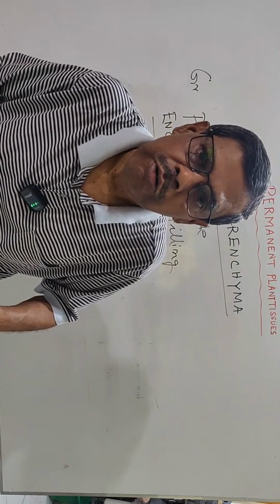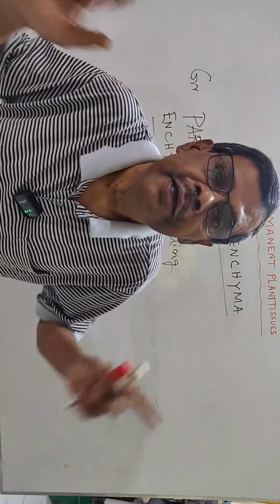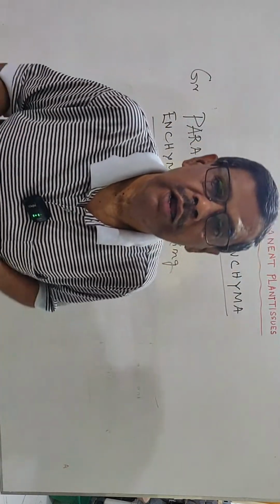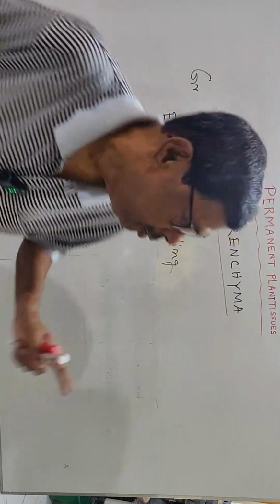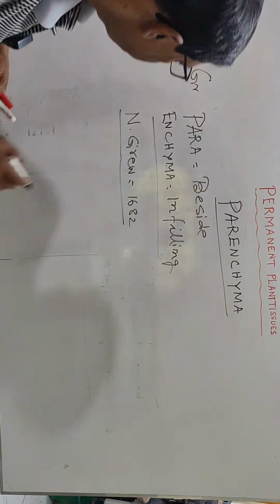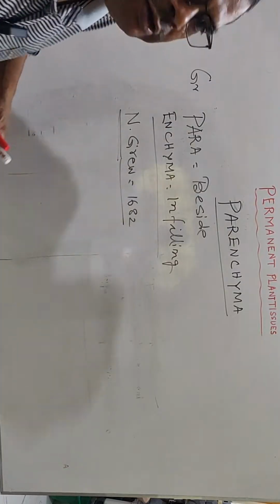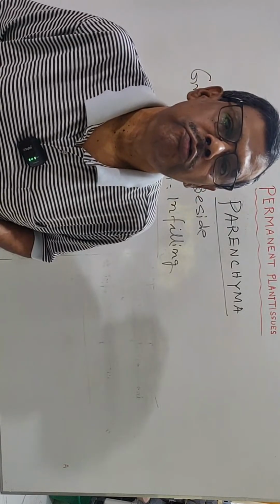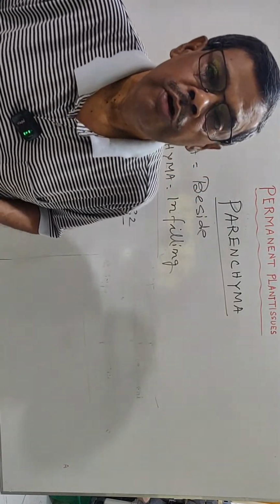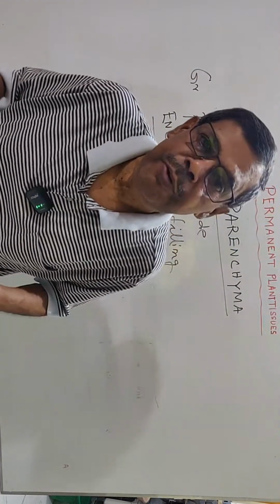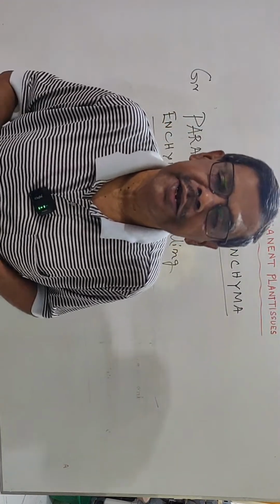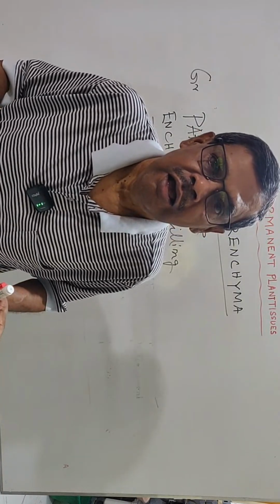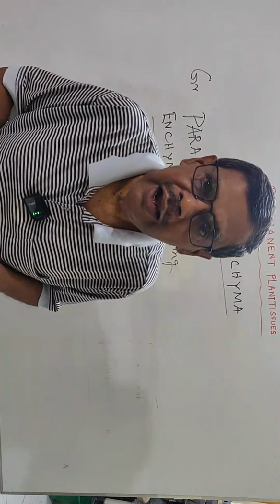It may be found around the different permanent tissues. So it is called packaging tissue. Engrave, 1682, discovered the parenchyma tissue. So, parenchyma tissue is defined as the simple permanent tissue whose cells are round or oval.